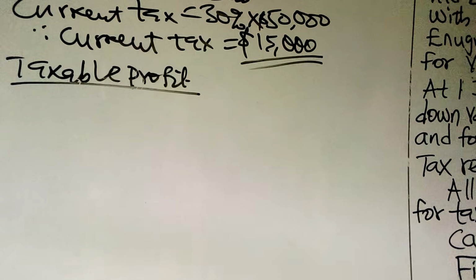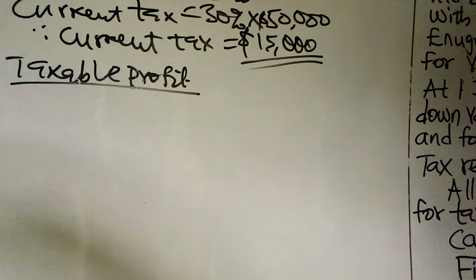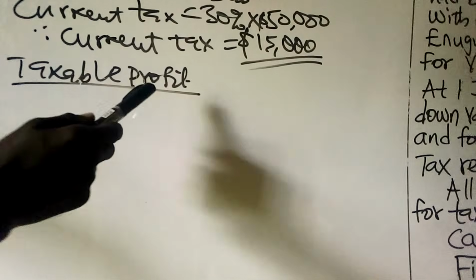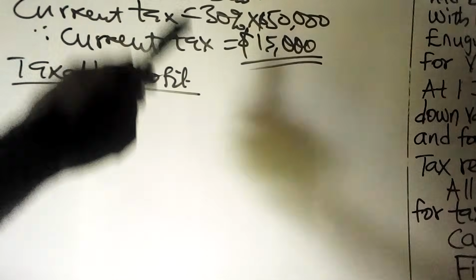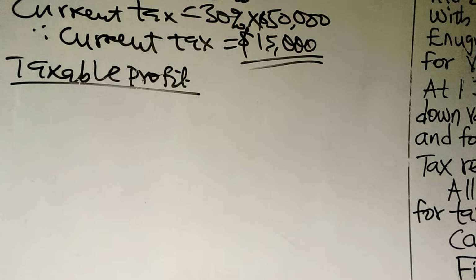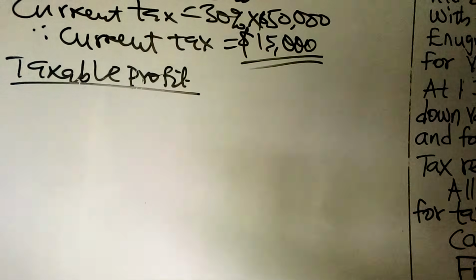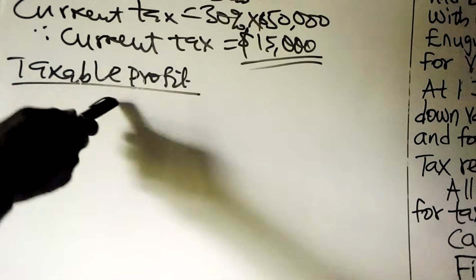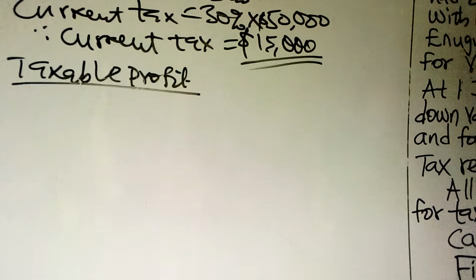To arrive at the taxable profit, a series of adjustments will need to be made to the accounting profit.